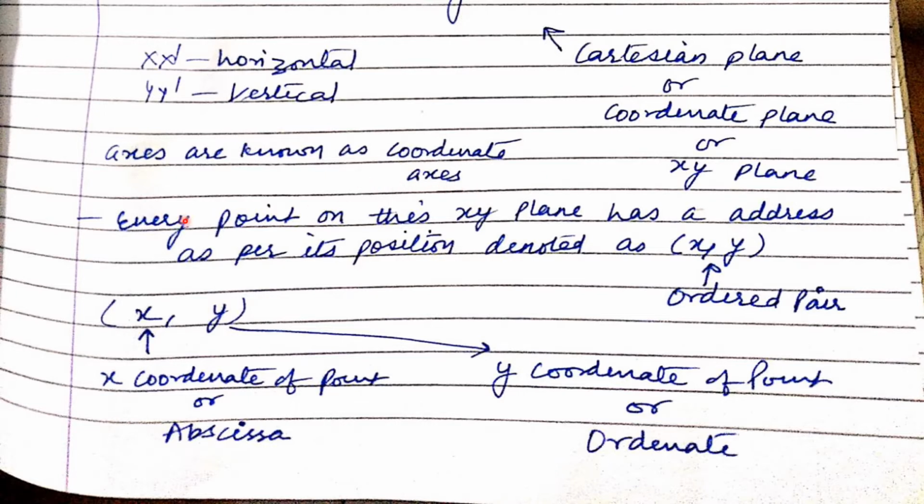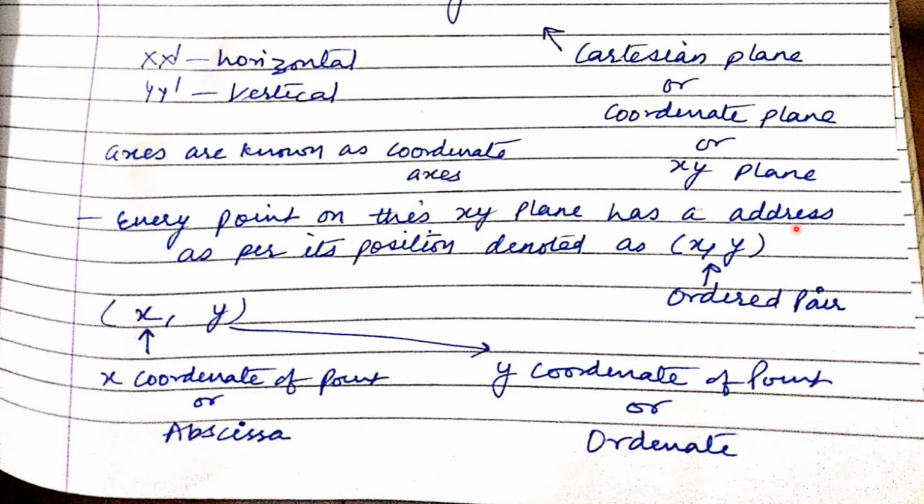Now, very important and interesting, every point on this xy plane has an address. So I have told you, if you want to trace the path of a person or an ant moving on a plane, you need to find two particular things to locate that particular ant correctly.